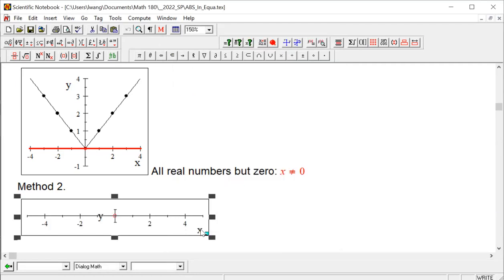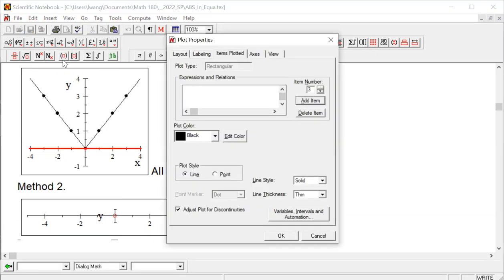So that's not included, and then all real numbers but 0. Okay, to see if that helps.